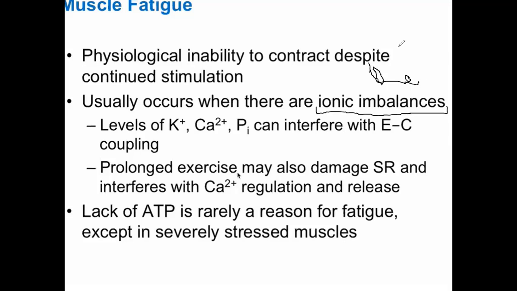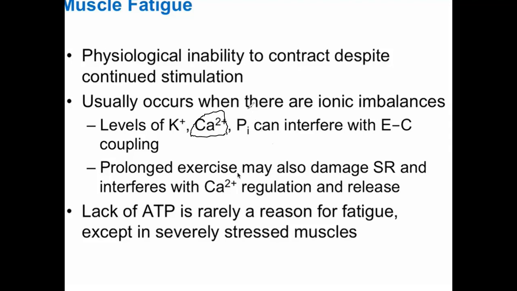So there are other reasons that can lead to muscle fatigue, and these are the ionic imbalances, whereby mostly you look at calcium concentration. Number 2, we also look at potassium concentration. Then we have the inorganic phosphates. If you don't have inorganic phosphate, you cannot have ATP generation.